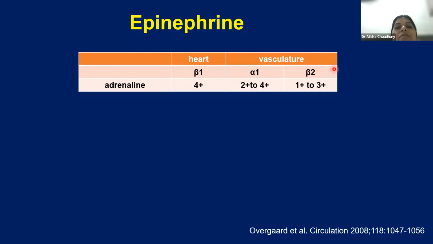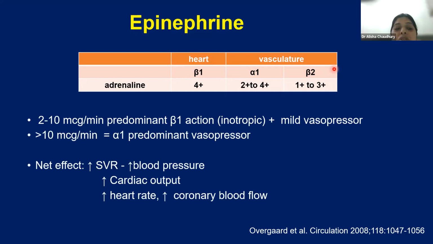It is related to noradrenaline, but it has a good action on the heart, and along with it, it also raises the systemic vascular resistance and increases the blood pressure. So there is both a cardiac action and a peripheral action. At doses of 2 to 10 mics per minute, it is predominantly beta-1 action, that is inotropic, with a mild vasopressor effect.